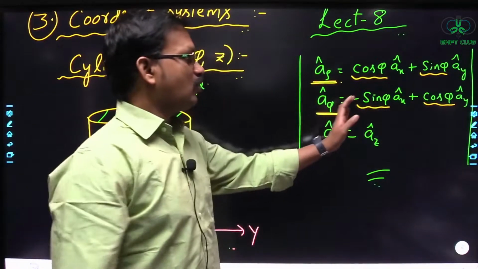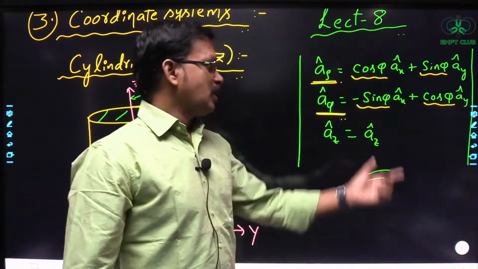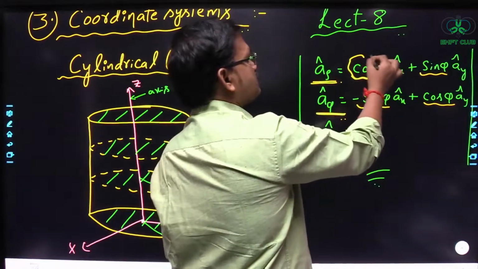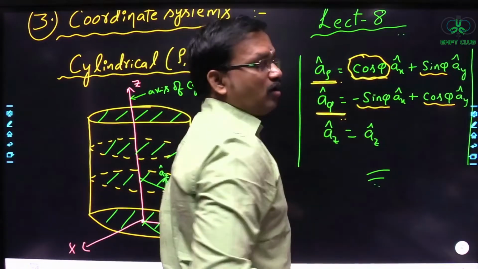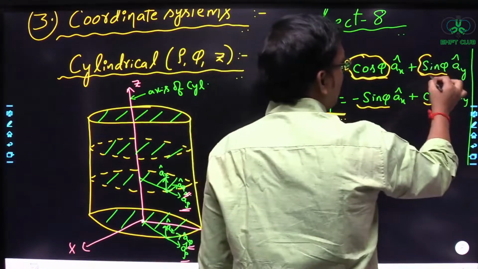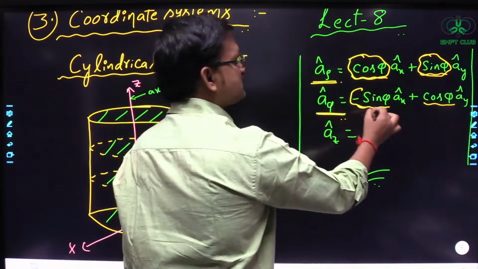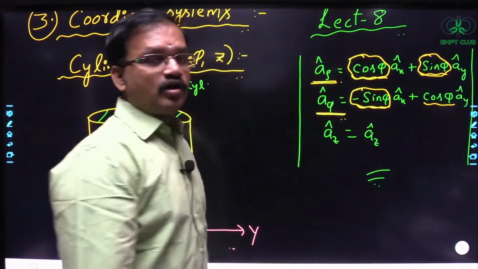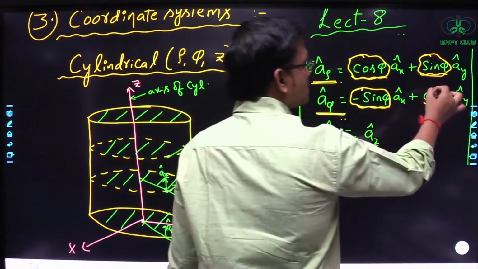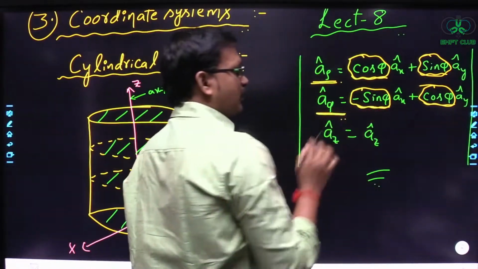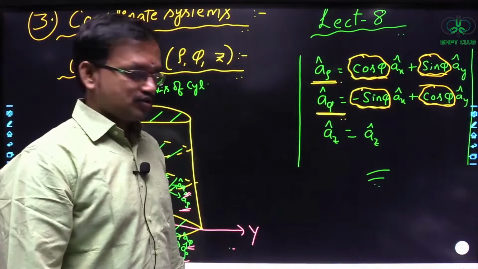It has only x and y components. So cos phi is the x component of aero cap and sin phi is the y component of aero cap. And here minus sin phi is the x component of A5 cap, and cos phi is the y component of A5 cap. Understood? Okay.